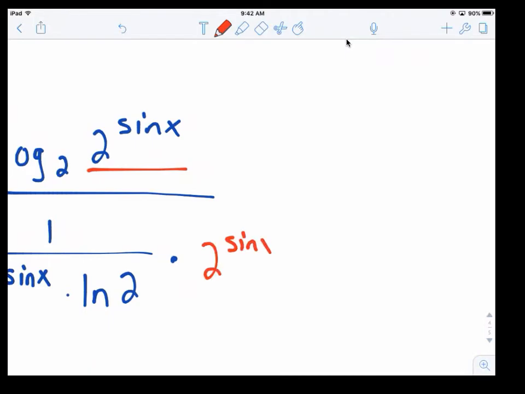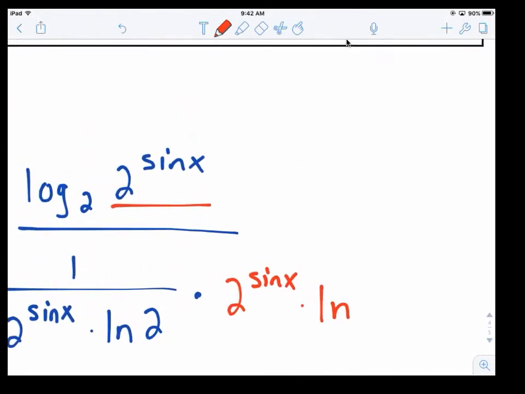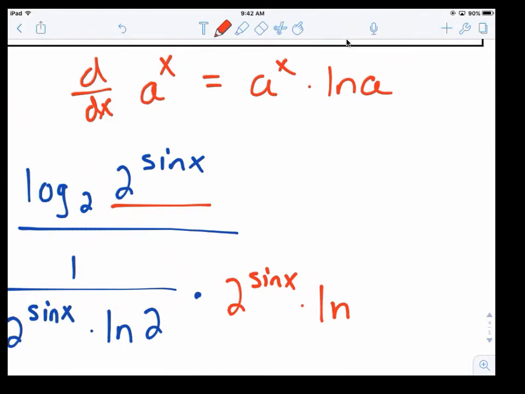2 to the sine of x times ln of your base. Remember, the derivative of an exponential is the exponential times the ln of the base, which in this case would be a.